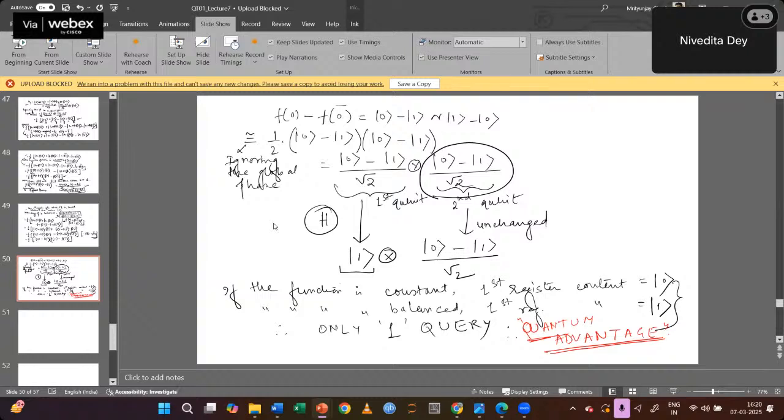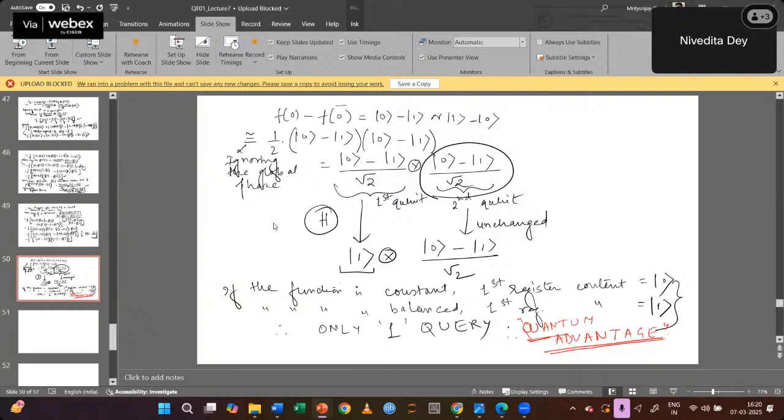So we have 10 more minutes. What we can do is at least get a base ready for the second problem that we will be watching, which is kind of the same thing, a little bit of extension of the Deutsch algorithm.